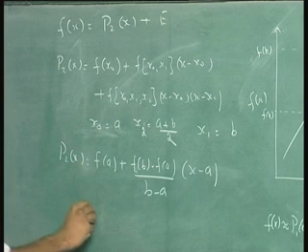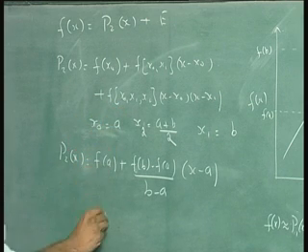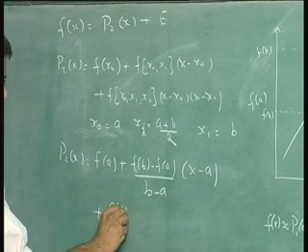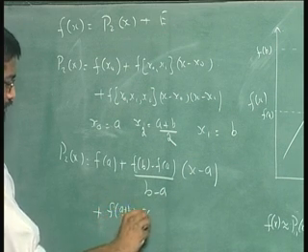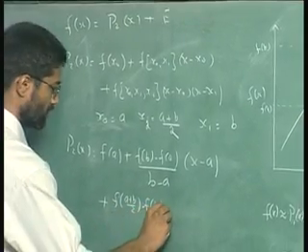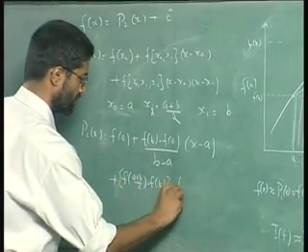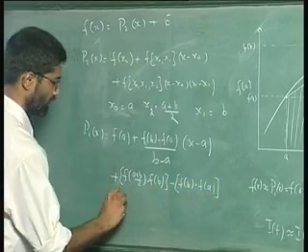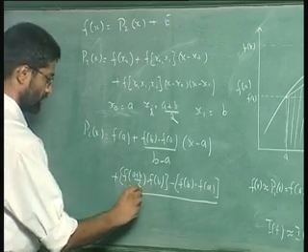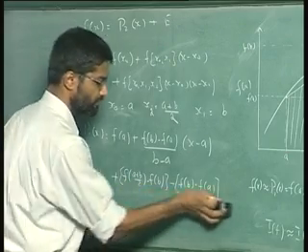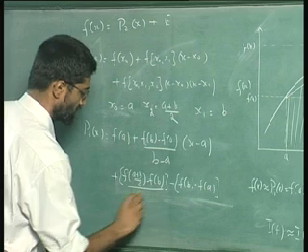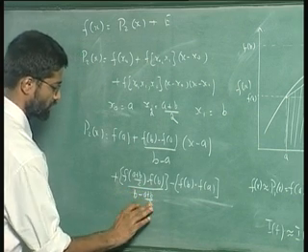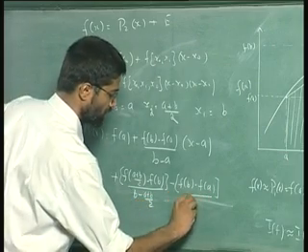So, now this term will have 3 terms, that is f of (a+b)/2 minus f of b, minus of that with f of b minus f of a, divided by b minus (a+b)/2, and this would be b minus a.